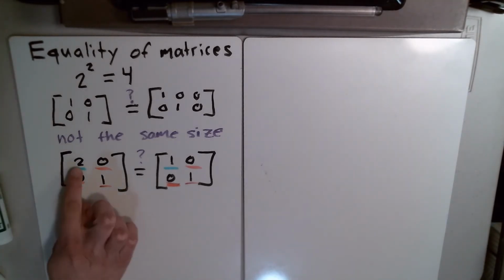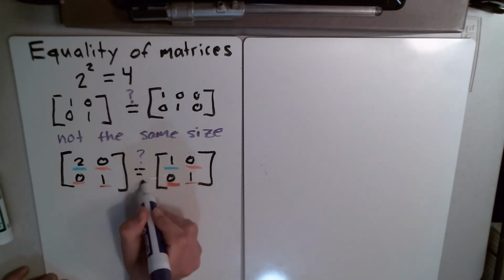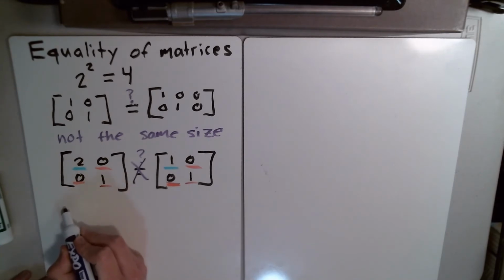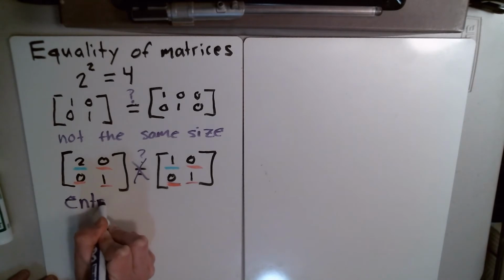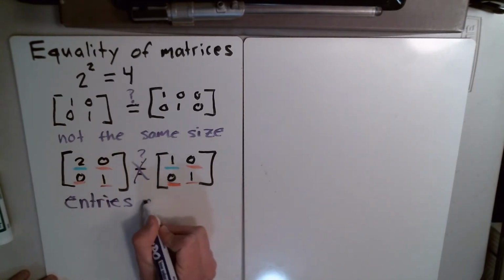So this 2 and this 1 are not the same, and so we would say that these matrices are not equal. We sometimes call the things on the inside of the matrix the entries.